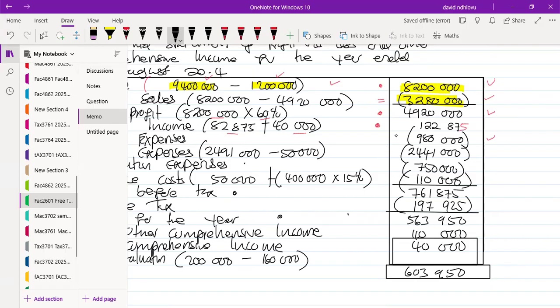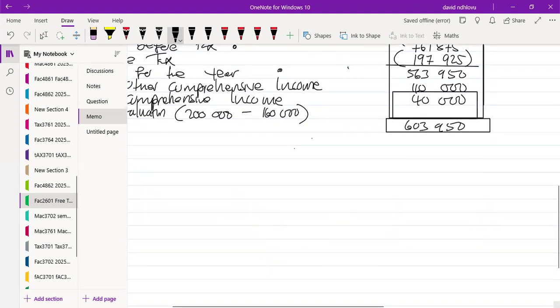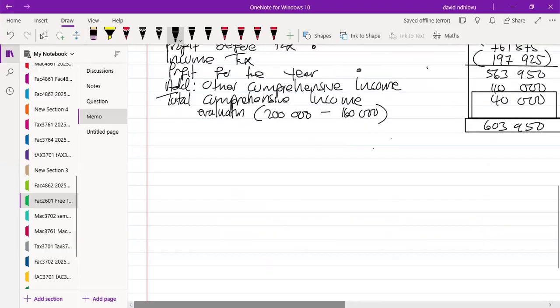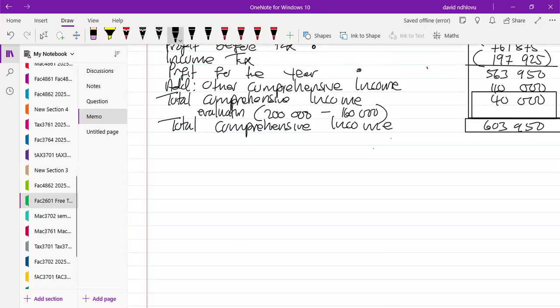So that represents our profit for the year. Any questions, good people? Or our total comprehensive income, actually. So this is called total comprehensive income.